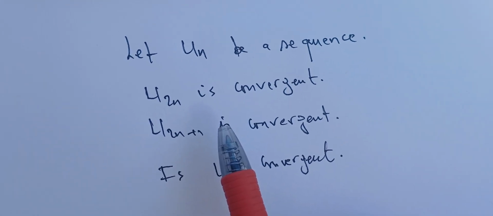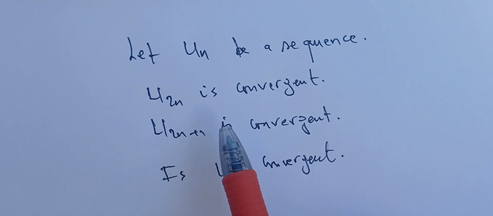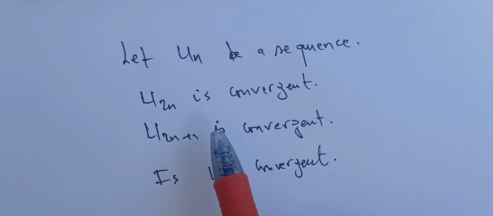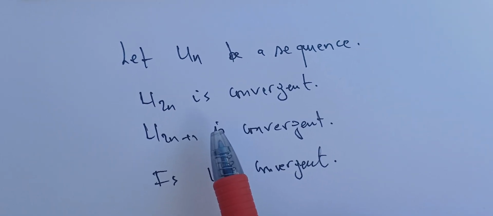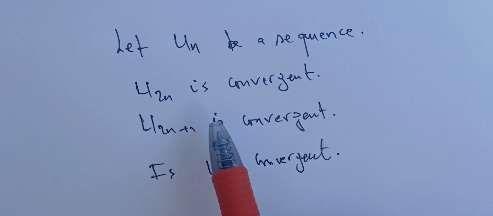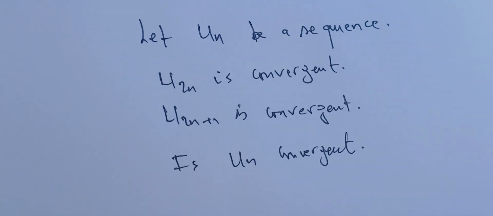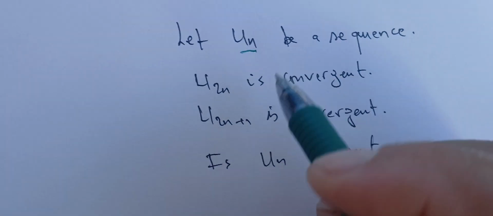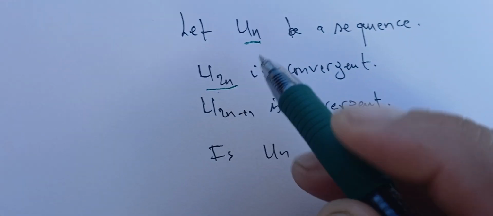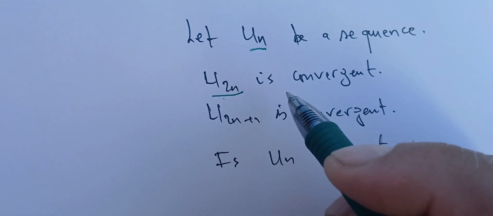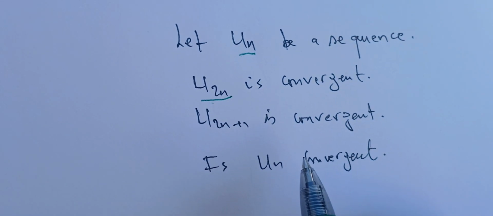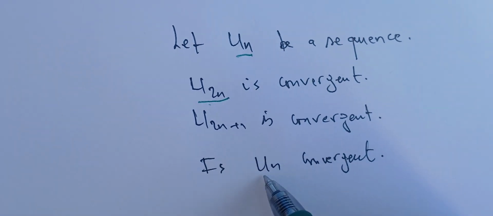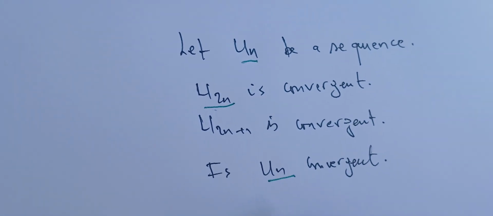Okay, so this is a nice question that will help us deal with sequences in a different manner. What we know is u_n is a sequence, but we have only u_2n and u_2n+1 convergent, and we want to find if u_n is convergent.